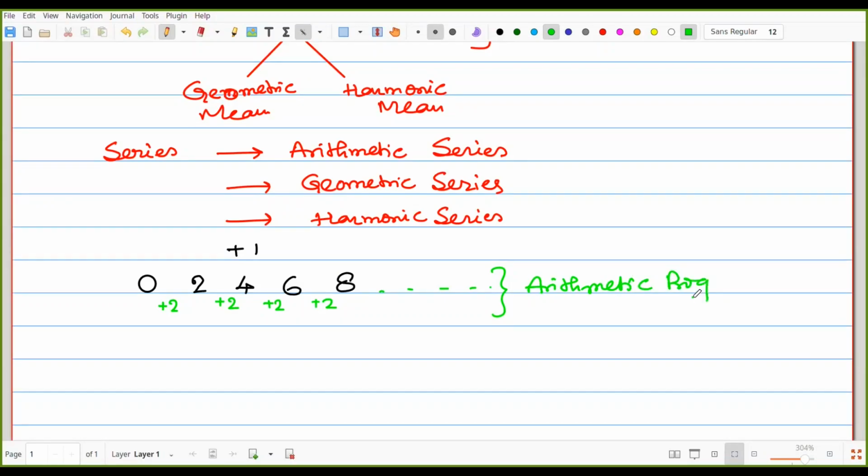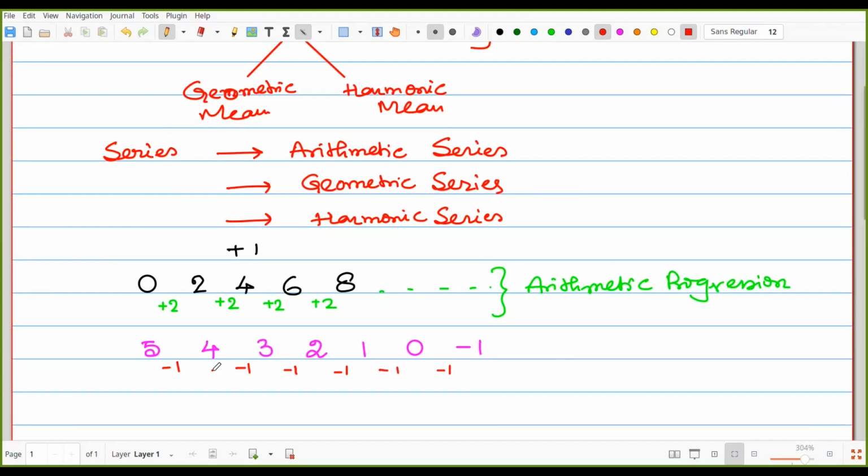And from here, we can find the arithmetic mean. Now suppose we consider the minus: a series starting from 5, then minus 1 becomes 4, minus 1 becomes 3, then 2, 1, 0, minus 1. Each and every time, from the previous term, it is minus 1.